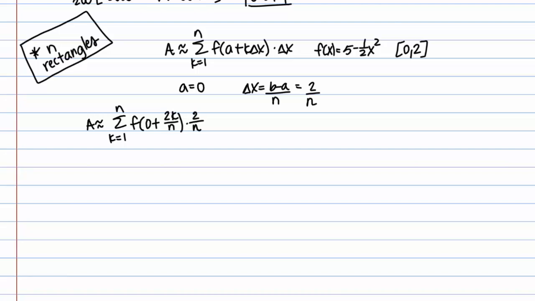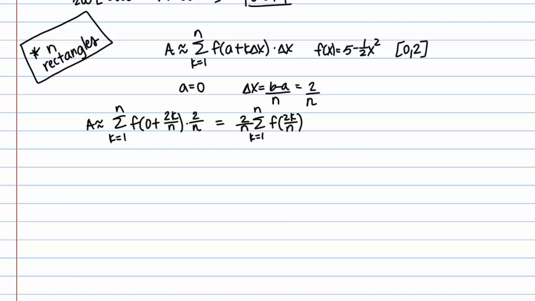Now 2 over n is actually a constant. That might seem a little weird, but look at what we're summing over. We're summing over k. So with respect to this summation, n is a constant, so I can pull that out front, and it's going to look like this: f of 2k over n.